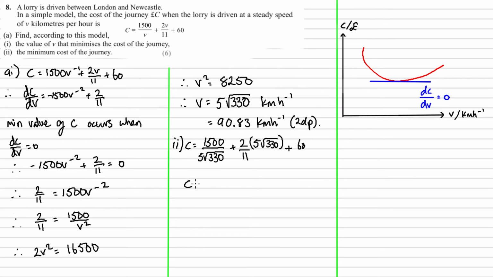When you put that into the calculator, you should find that you get a value of c as £93 and 3 pence. We need to remember that c is in pounds, so we only give it to 2 decimal places. And that's part 2.